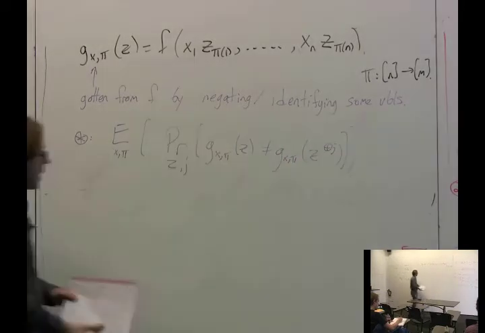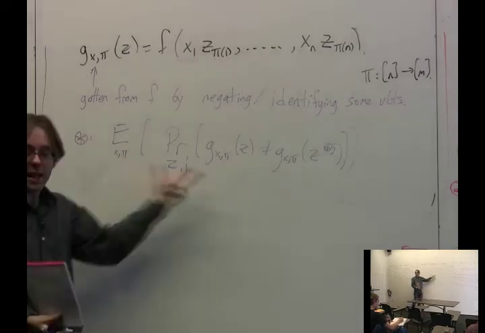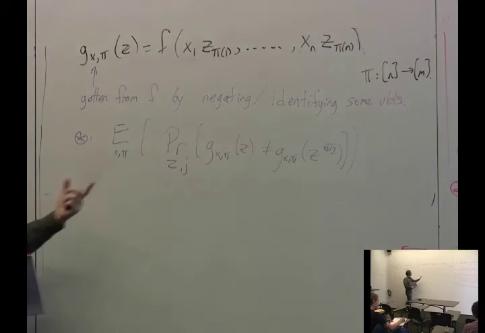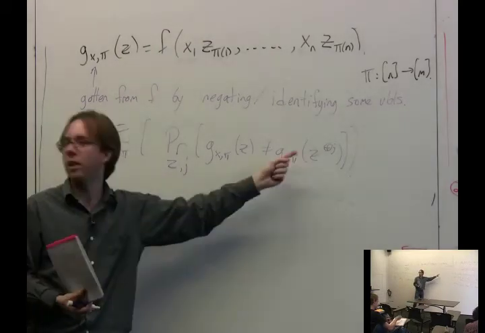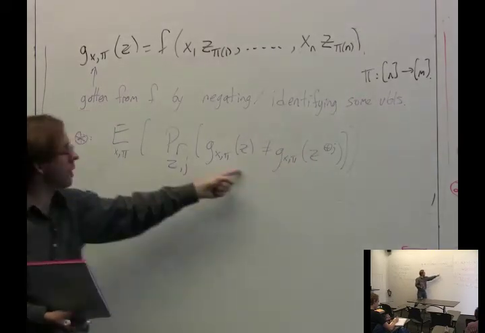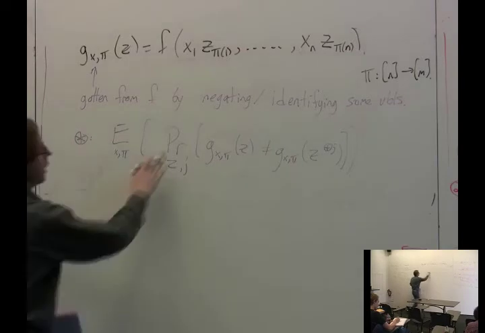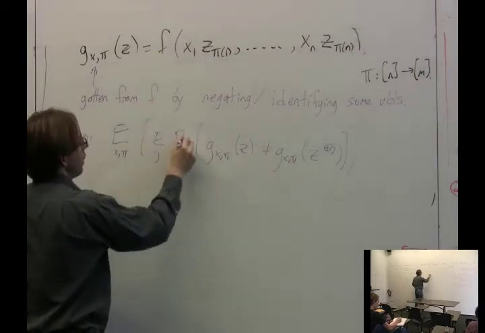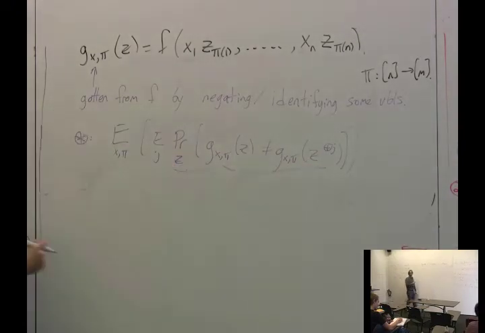So it's almost like the average influence of this function g on the inside. If you first fix j, you're doing the experiment for the jth influence: pick a random string, flip the jth bit, see what the probability is that it flips. I can even write this as expectation over j, probability over z. So this is the jth influence of this g function, so you're taking the average influence.